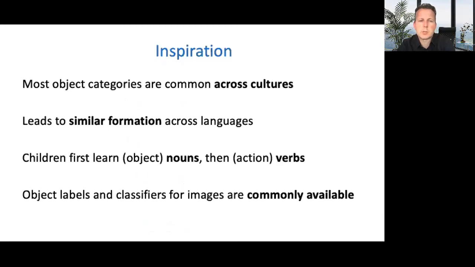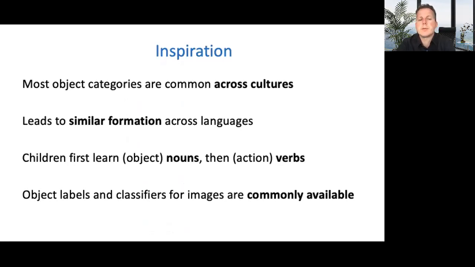Our inspiration comes from language, where we observe that most object categories are common across cultures, and this leads to a similar formation process across languages, in the sense that children first learn object nouns, and then they learn action verbs.